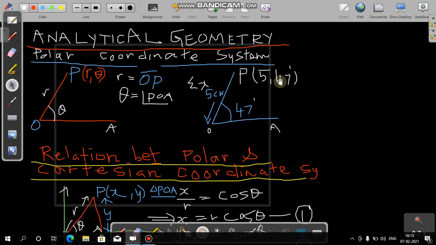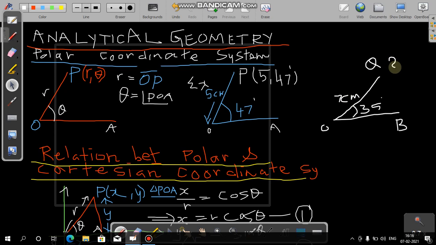I can give another example also. Suppose this is the origin, and this is the other point, say Q. Suppose this angle is 35 degree, and the distance from O to Q is 7 centimeter. Now how can we represent this particular point?